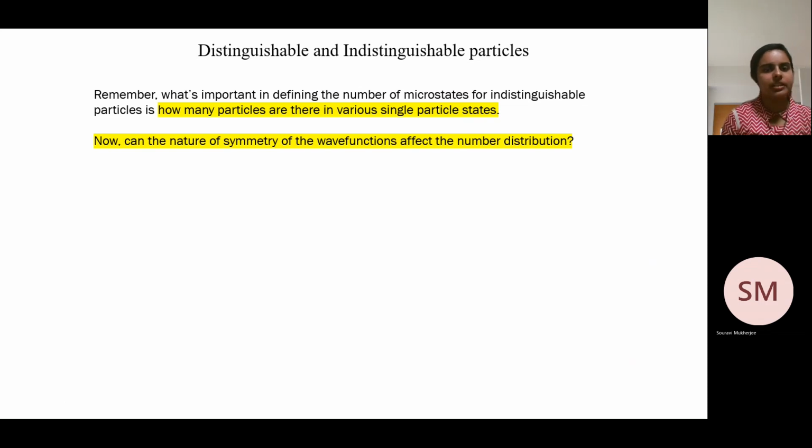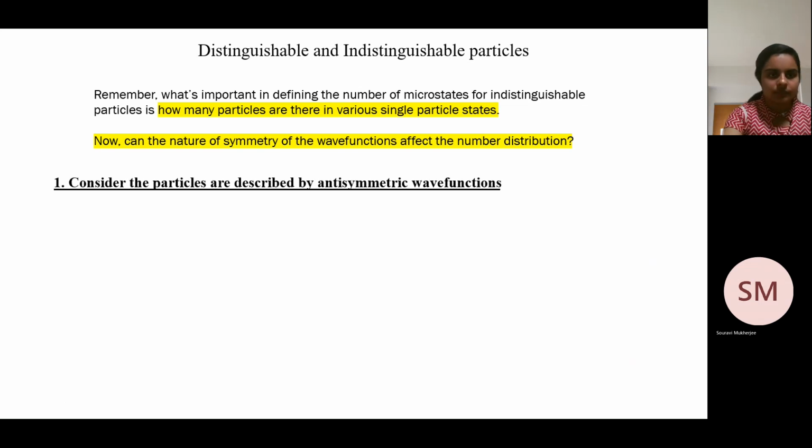Now, can the nature of symmetry of the wave functions that we just discussed affect the number distribution? In other words, can particles having different kinds of spins, some integral, some non-integral, have this inherent nature affect how they are distributed given some energy levels in some system?